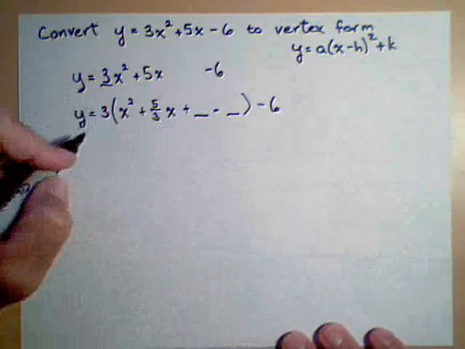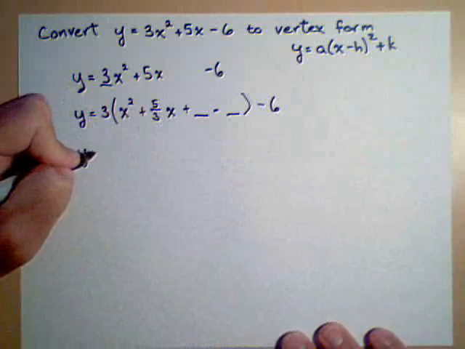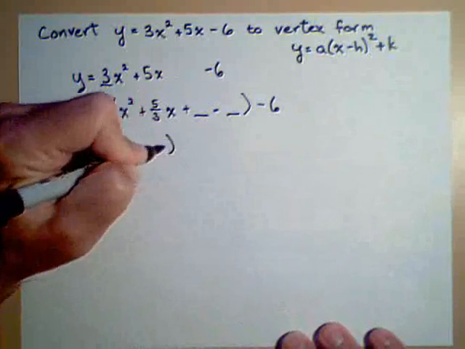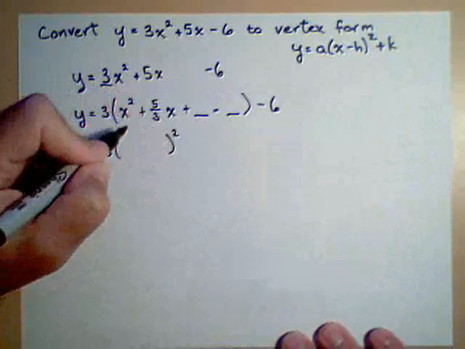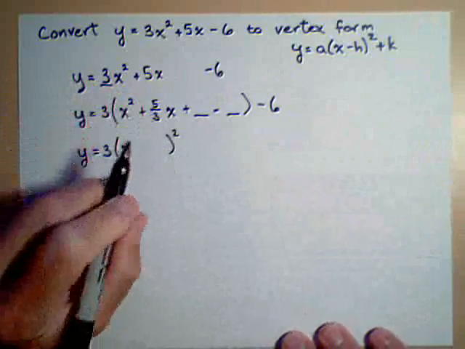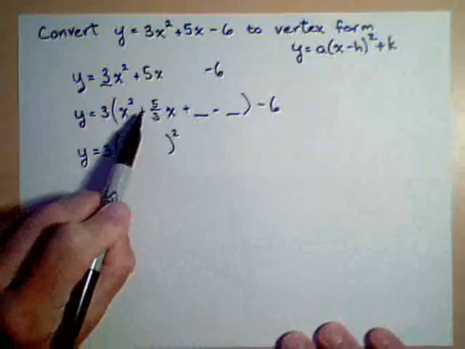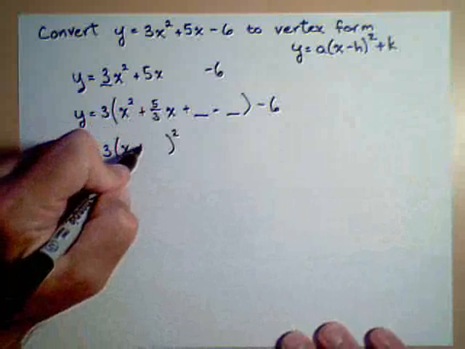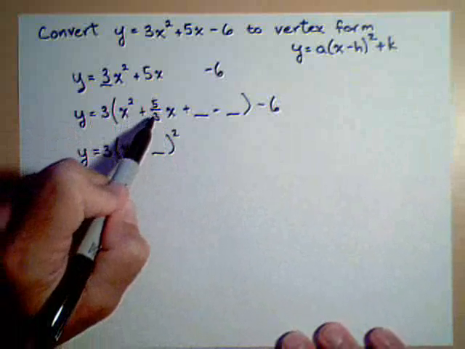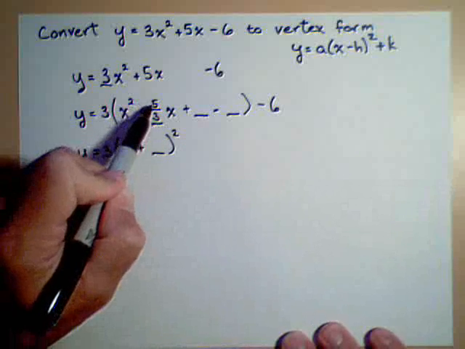Okay, now we go to the next step, which is y equals 3 times the quantity something squared, and this will always be x. And then we go to what we were looking at last time. The sign here is determined by the sign here. The number that goes here is exactly half of this number.